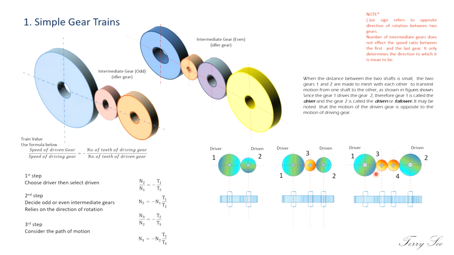Now the third set: this is rotating clockwise, this will be anti-clockwise, this will be clockwise, and this will be anti-clockwise. So the direction of rotation between the input and the output is opposite. It depends on what you want, the same direction or the opposite direction, so you have to choose whether to use odd or even. But it won't affect the speed ratio between the input and output shaft.